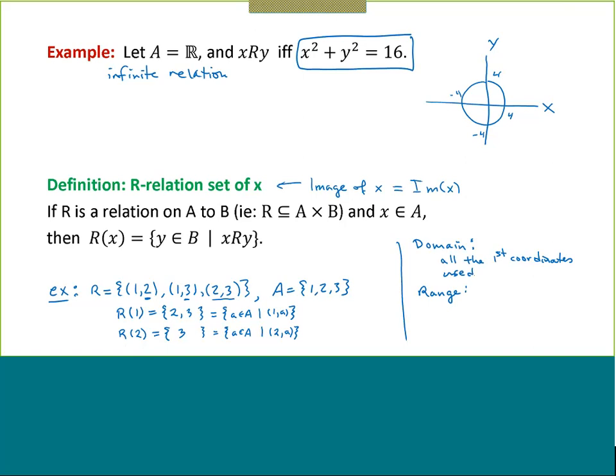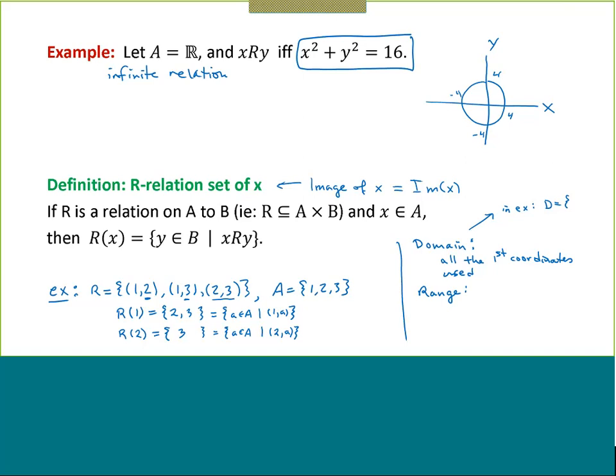So in our particular example, right here, our domain would be what in our example? Don't overthink it. If you look through all 3 of those ordered pairs, what are all the first coordinates?